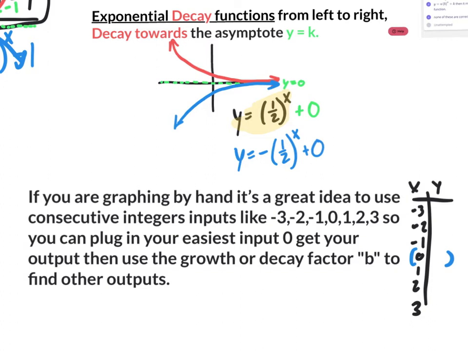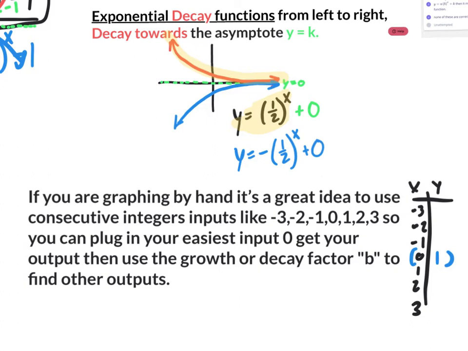I'm going to use that function, which was this red graph. It's a decay function. Let me plug in 0 right into there. Anything to the 0 power is 1, and that will give me the output 1, okay?